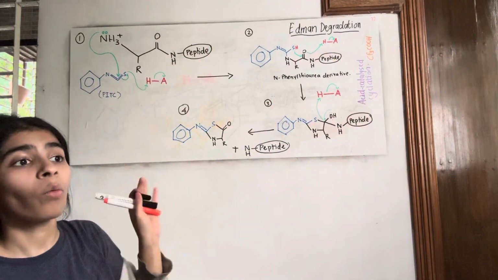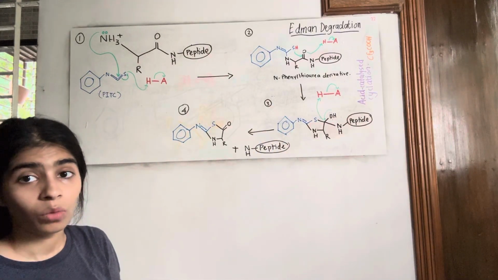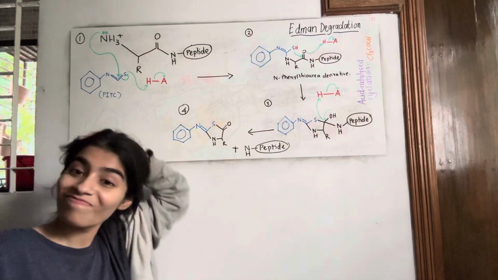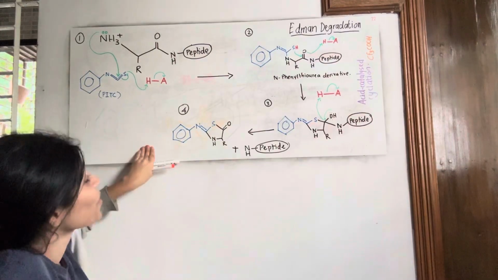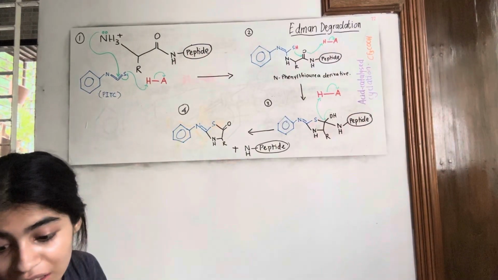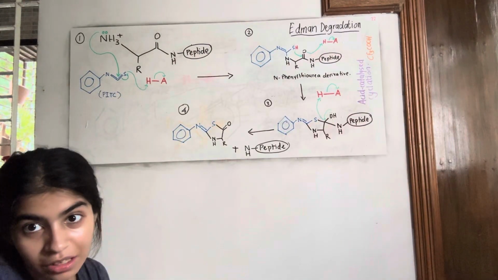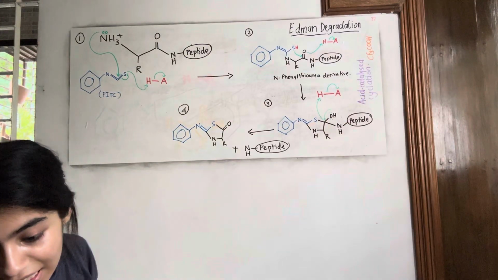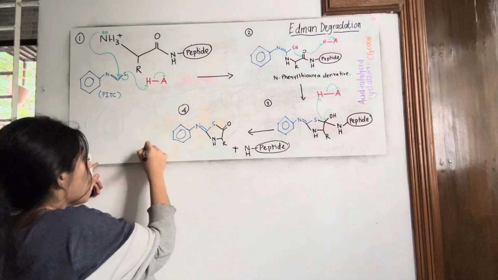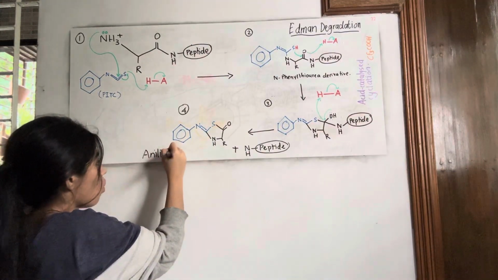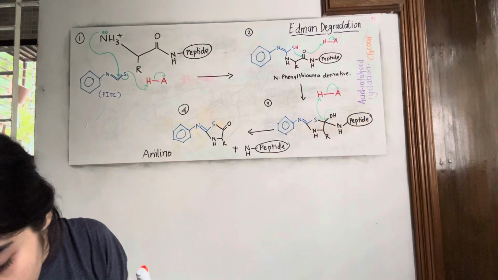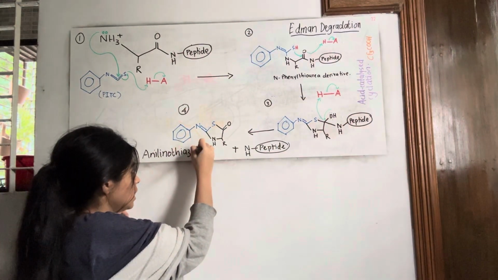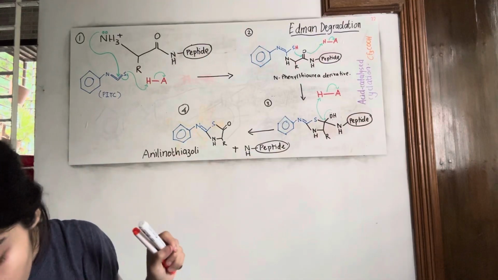So now we know one of the amino acids which was in the initial peptide sequence, right? Now what is this called? This is called thiazolinone.